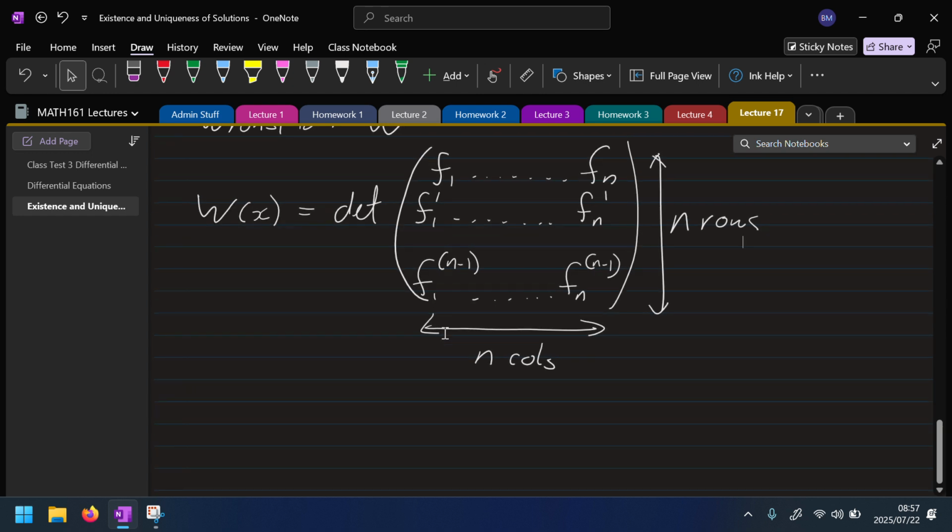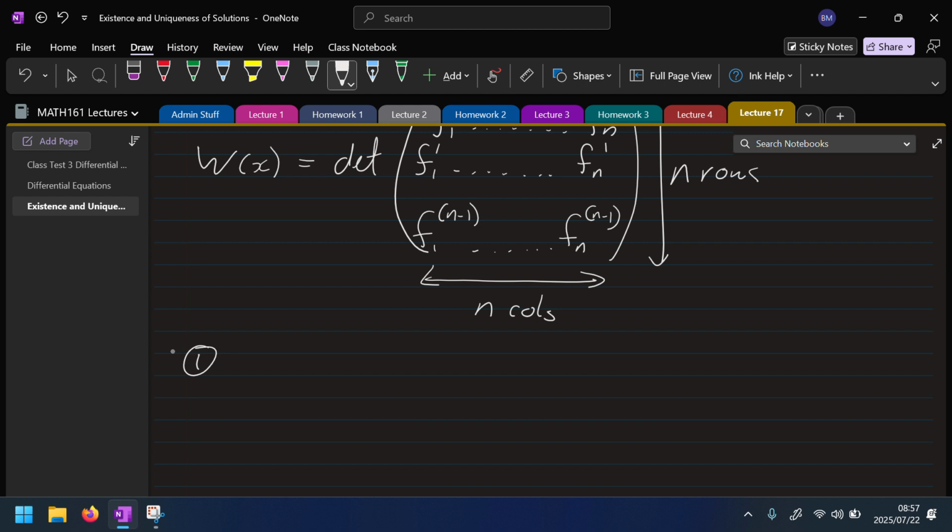Now once we have our W function, we can use that to check if f1 to fn are independent or not. There are 2 cases we need to look at.